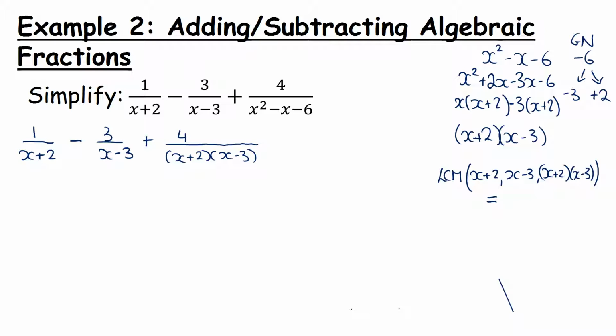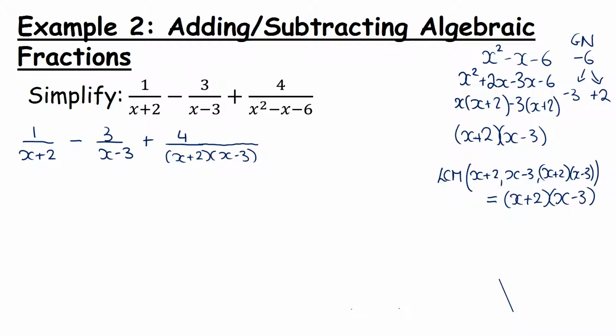And hopefully you can see that using these two factors here will create a common denominator for us because they contain the x plus 2 and they contain the x minus 3. So our lowest common multiple is x plus 2, x minus 3, and that is the common denominator.